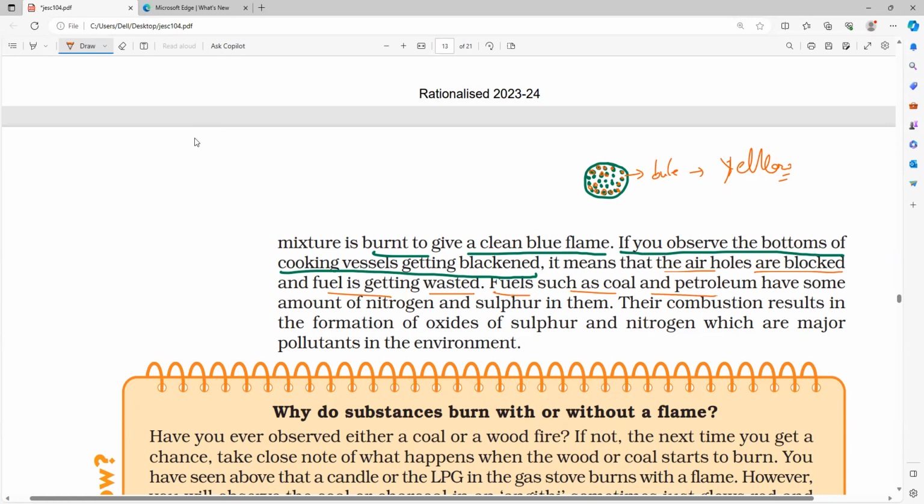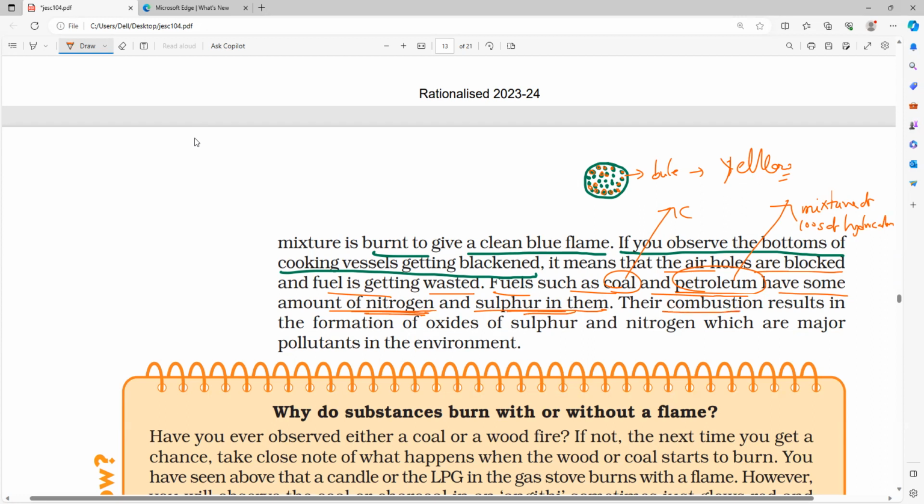The fuels such as coal and petroleum have some amount of nitrogen and sulfur in them. This is also major important, along with the hydrocarbons. Basically, coal is a pure form of carbon. Petroleum is a mixture, note it all of you, of hundreds of hydrocarbons. Along with them, there are other substances also, nitrogen and sulfur.